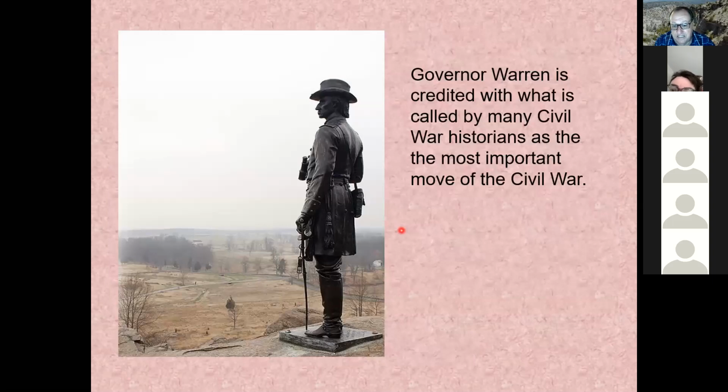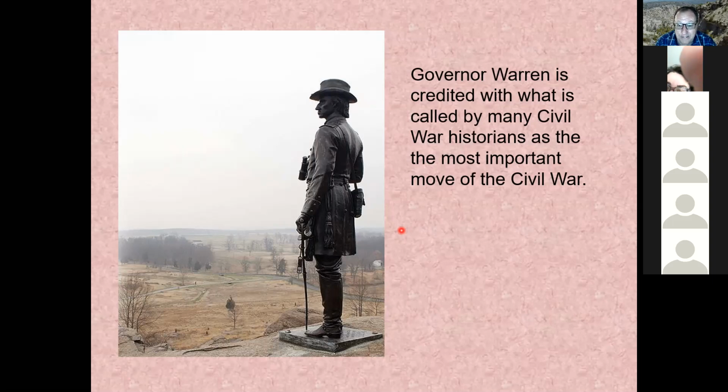Governor Warren, this is a statue on Little Round Top, which is another diabase ridge, part of what's called the Union Fishhook. His maneuver on spotting the Confederates heading toward Little Round Top on the second day of the 3-day battle is what many historians call the most important move of the Civil War.